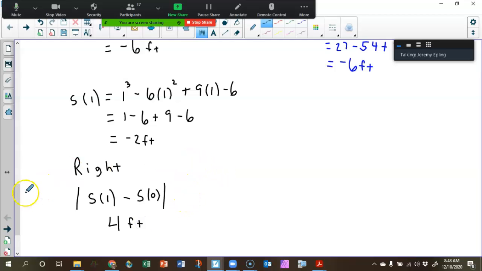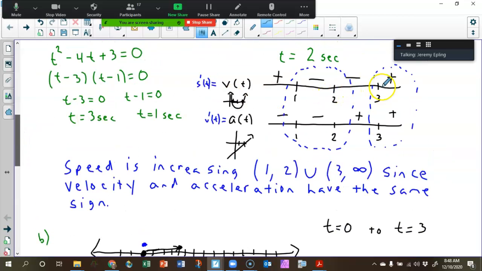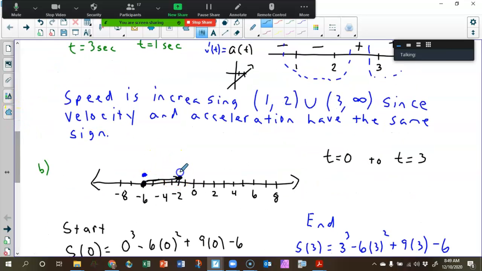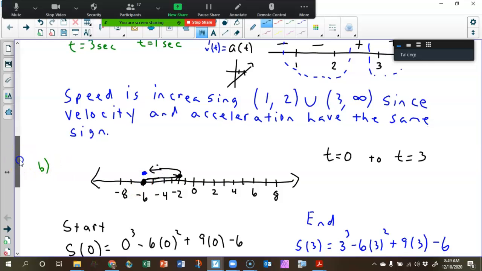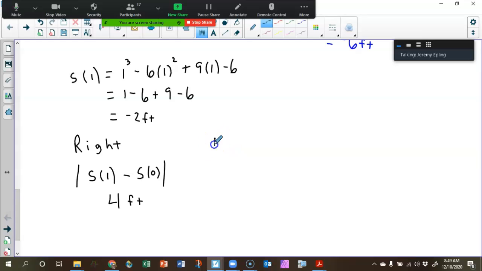But from 1 second to 3 seconds, which is actually where we've stopped, we're moving to the left. We're moving now back this direction. We've got another vector. It happens to be the same length, it's just the opposite direction.